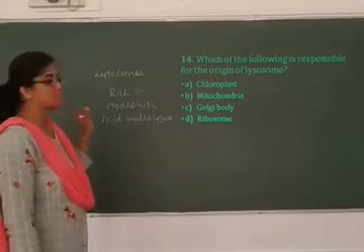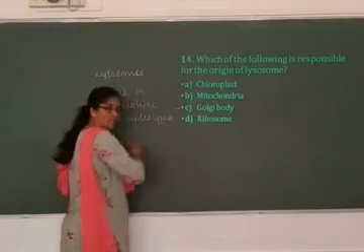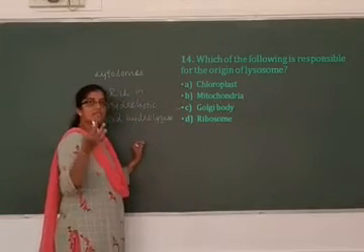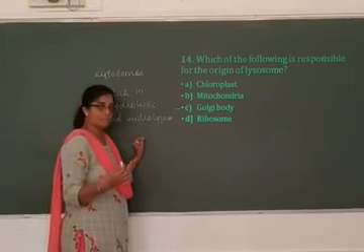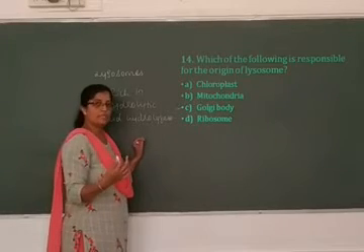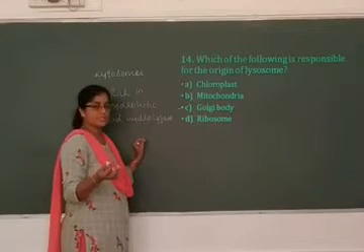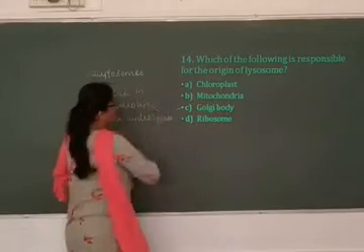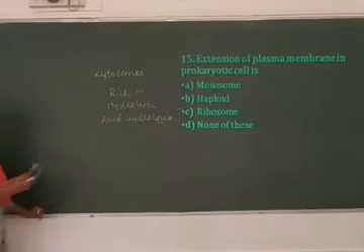The chloroplasts are the wrong answer because that is the site of photosynthesis. The mitochondria, again the site of aerobic respiration, wrong answer. Ribosomes are involved in protein synthesis. So the lysosomes are formed by the Golgi complex is the right answer.